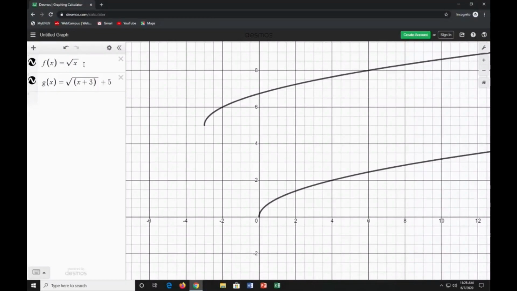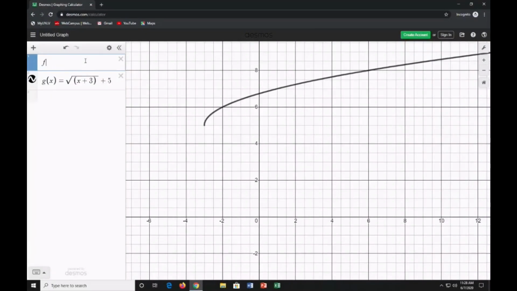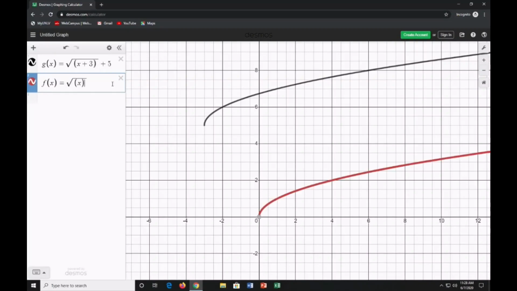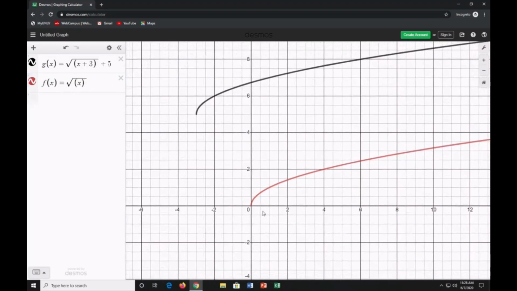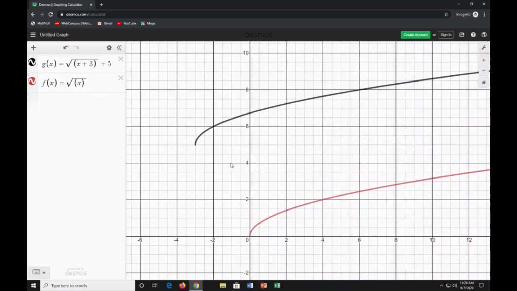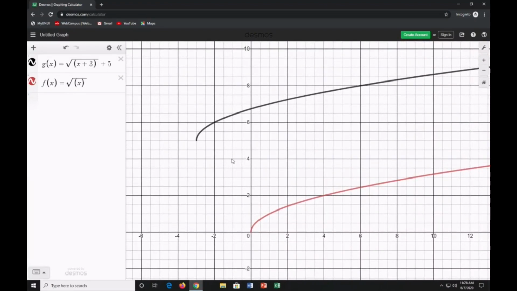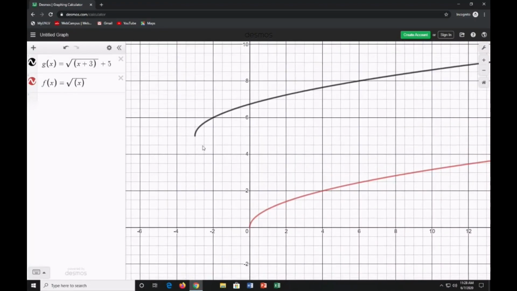Let me try this. I want to change the color, so let me get rid of that. I don't know why it switched to the same color again. I want to distinguish the colors here. Oh, great. So it's now red. So this red one is the original one, and the black curve is the transformation.